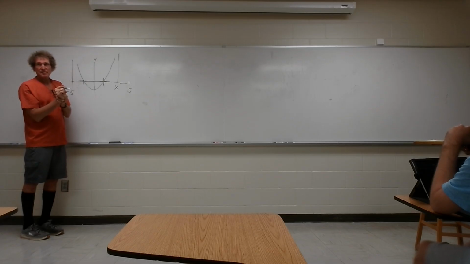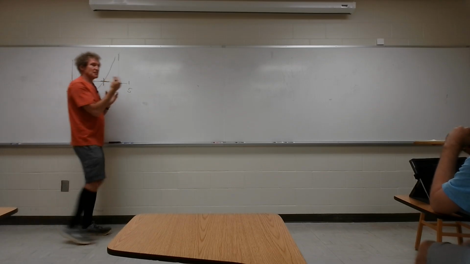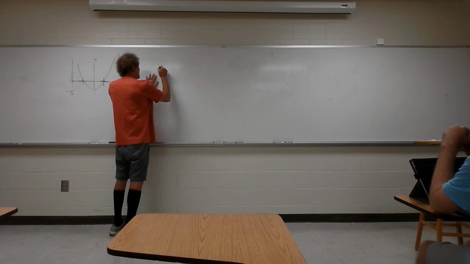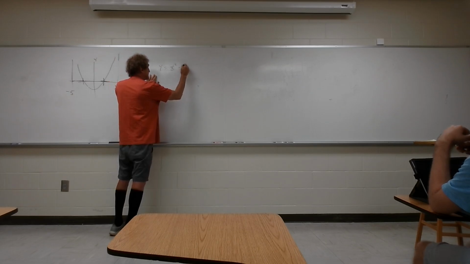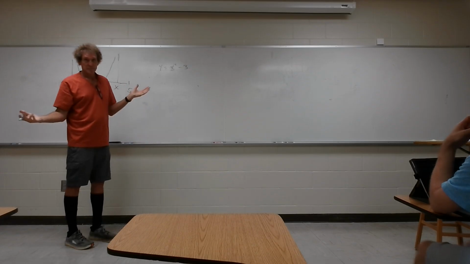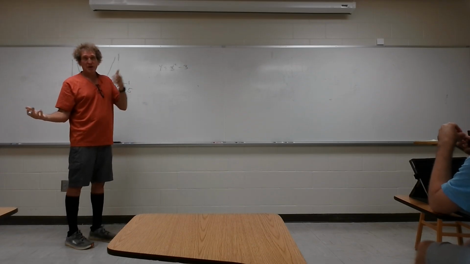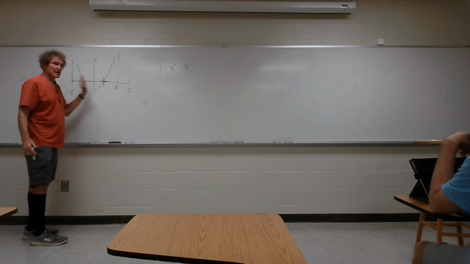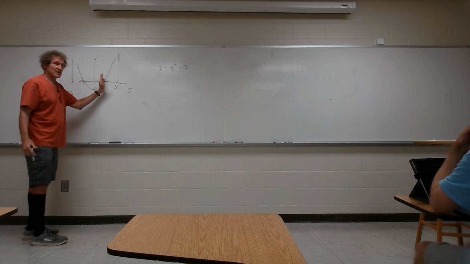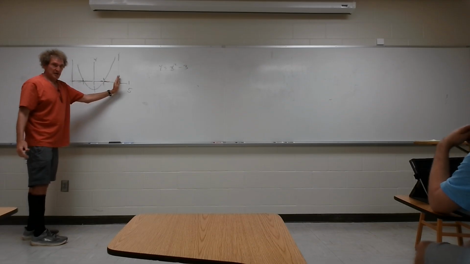Are you with me on this? If you want the function for this, you could say y is equal to x squared minus 3. Now, when you talk about the probability, you have to actually look at the region you're talking about here and here, because it's not so easy. You can't just double it from here to here. Maybe you can double it from here to here.